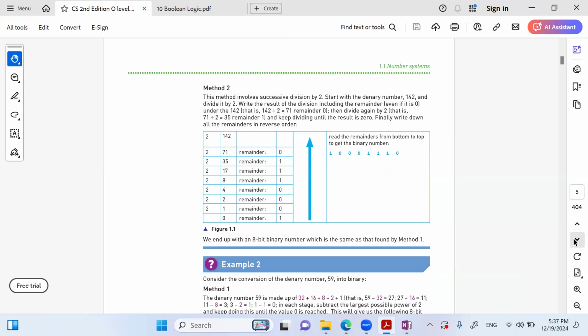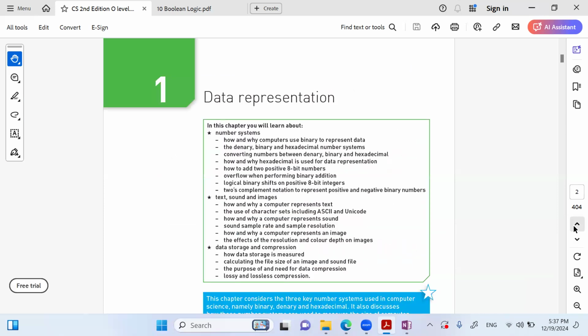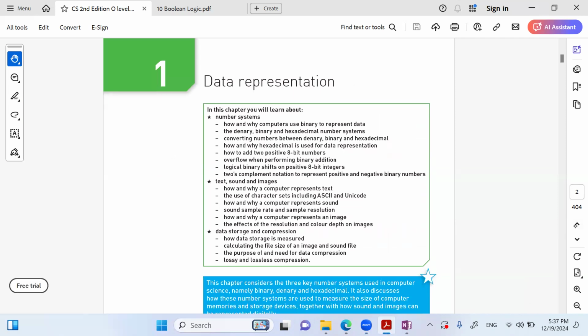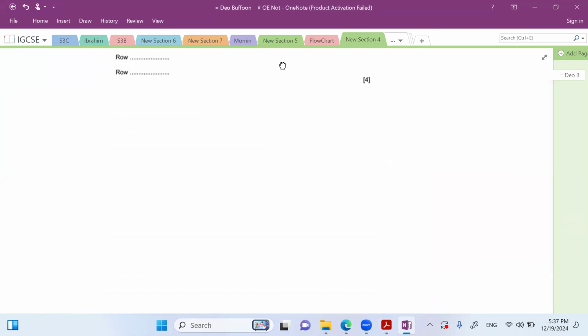Okay, this chapter is basically asking for multiple things. The data representation chapter, and let's begin with a few very normal things, that is how to identify or translate one number system to another.